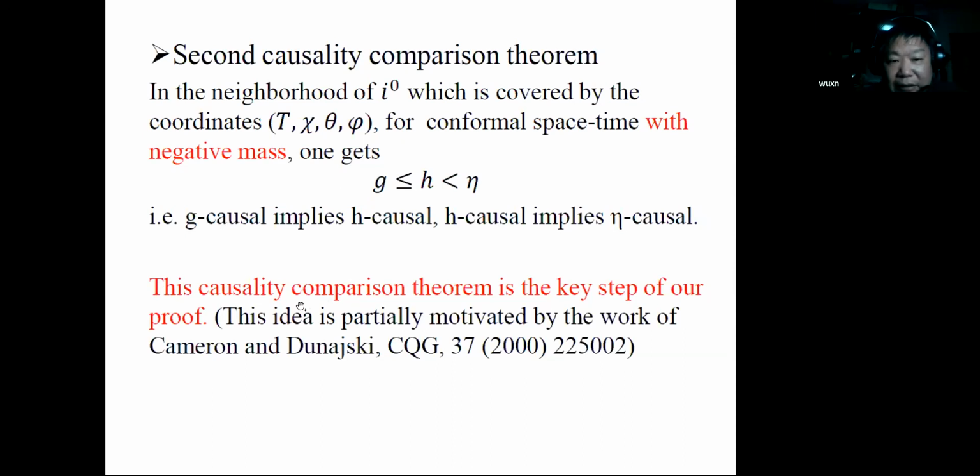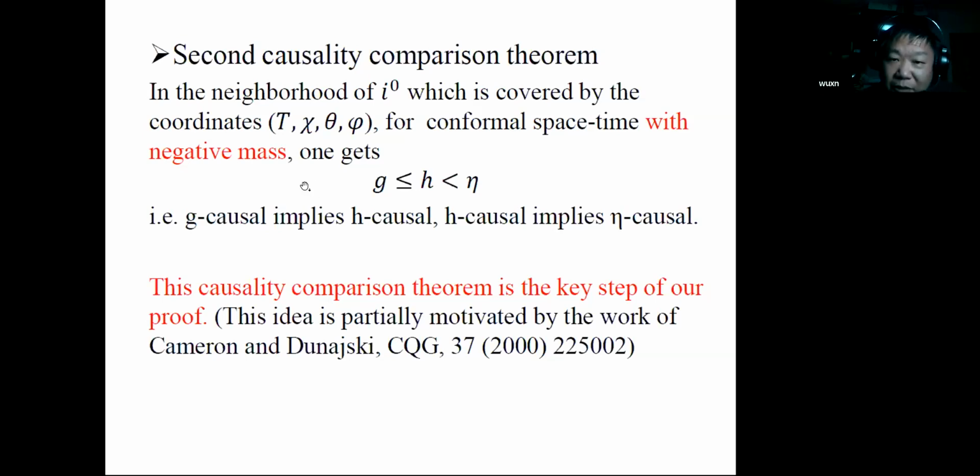And this causality comparison theorem is a key step in our proof. The main idea is to compare the causal structures of the physical spacetime with the Minkowski spacetime. That's the key point. Let me remind you that in the original paper by Penrose in 1993, the reason they were not very successful is that they wanted precise control of the behavior of the time-like geodesics or the null geodesics.